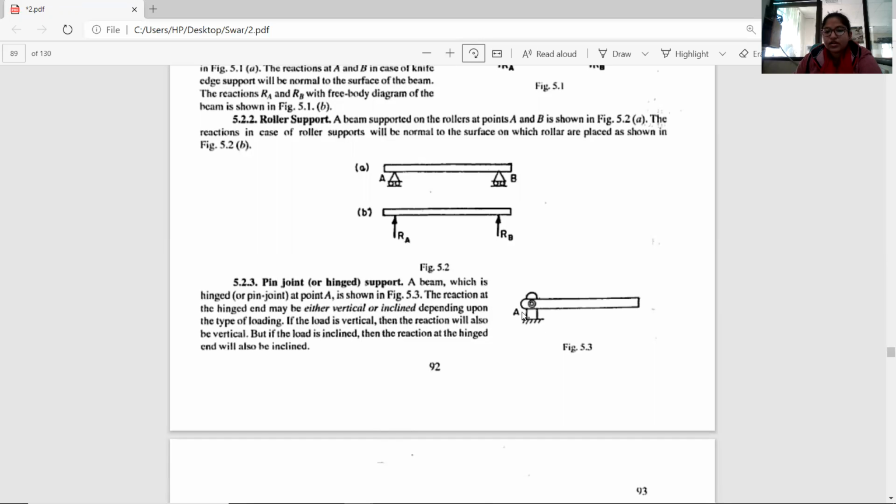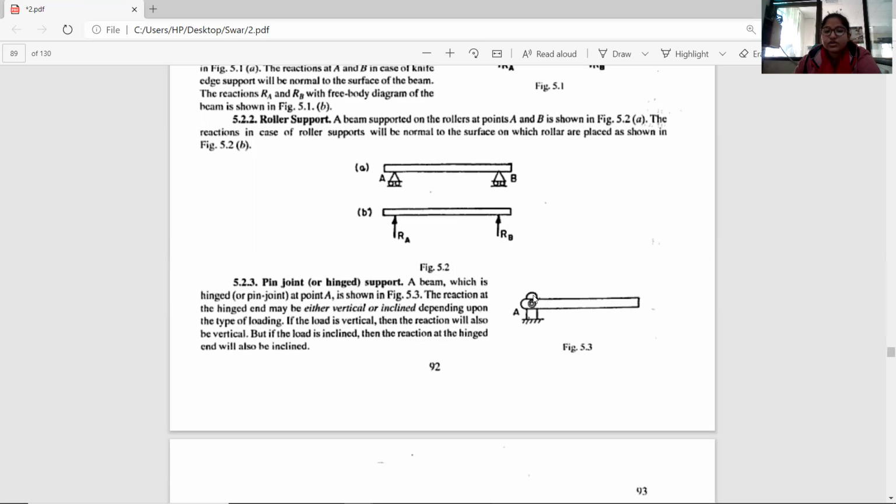The next is the pin joint. In this pin joint there is only a joint, which we call a pin joint, also known as a hinged joint. This is my support reaction. The reaction at the hinge may be either vertical or inclined at some angle, depending upon the type of loading applied.